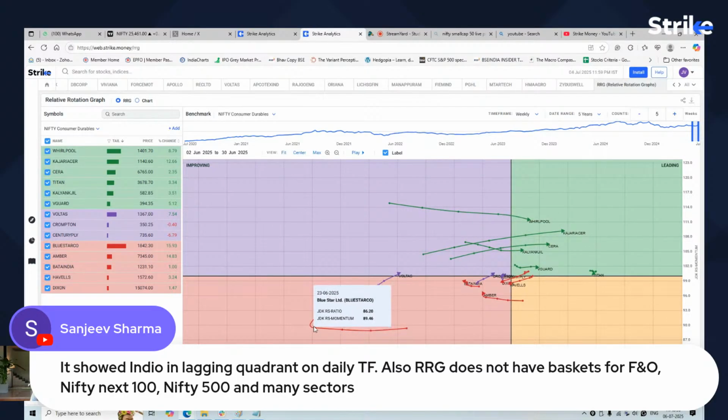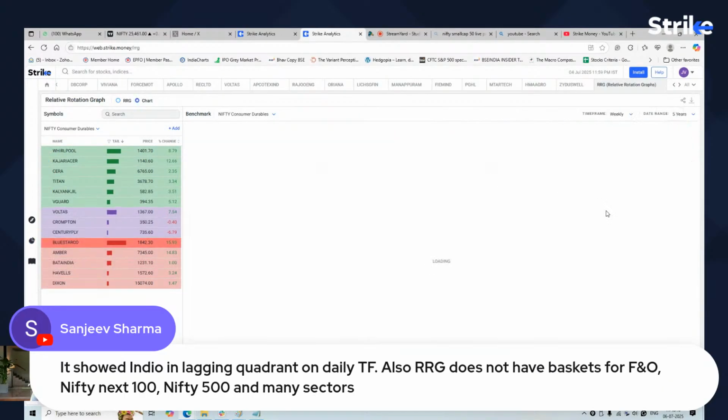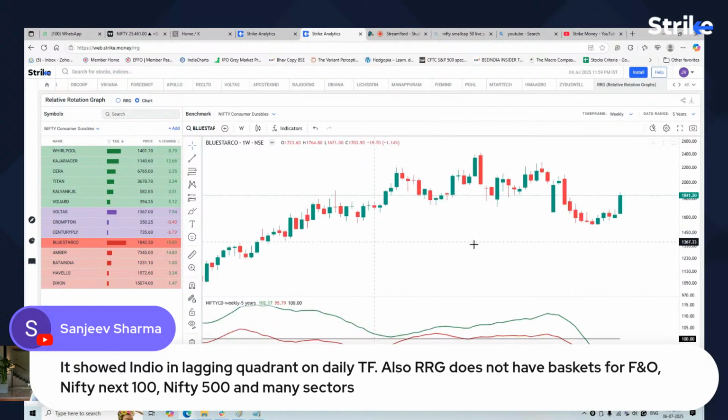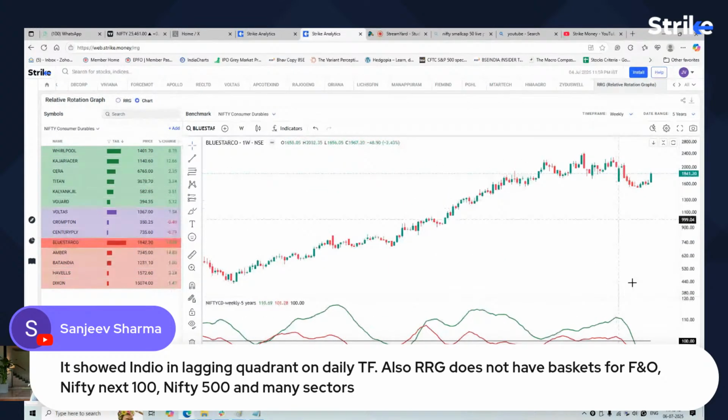Maybe something like Blue Star, where we are seeing some early signs of turnaround. If I see the chart, there has been a 15% move in this week. The momentum is also trying to turn around, and I don't know if we can call this a falling wedge.